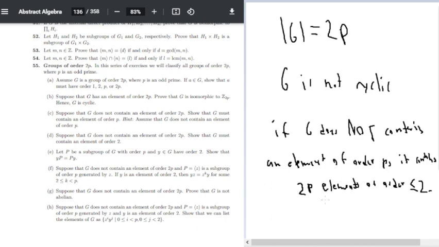Oh, that's clever. That is very clever. I like this. So if G contains 2p elements of order less than or equal to 2, that means that 2p minus 1 elements are of order 2.